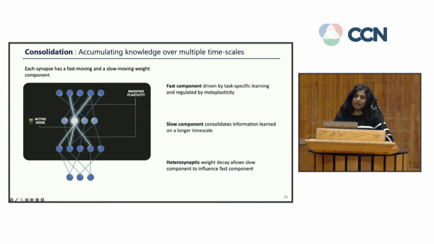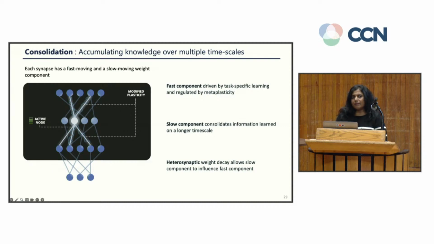The next one is consolidation. Here we are trying to accumulate the knowledge over multiple timescales into the model. So the way we designed it is each model has a fast-moving and a slow-moving weight component. The fast-moving component is driven by some task-specific learning and regulated by metaplasticity, and the slow component consolidates the information learned on a longer time scale.